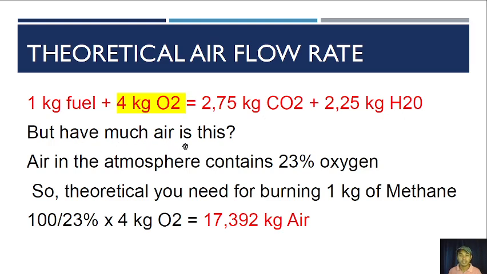But do we have much air in this? So 4 kilograms O2. Air in the atmosphere contains 23% oxygen. So theoretically, for burning 1 kilogram of methane, you need 100 over 23 times 4 kilograms of O2, which is equal to 17.392 kilograms of air.